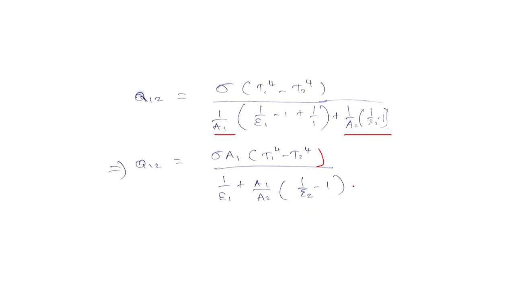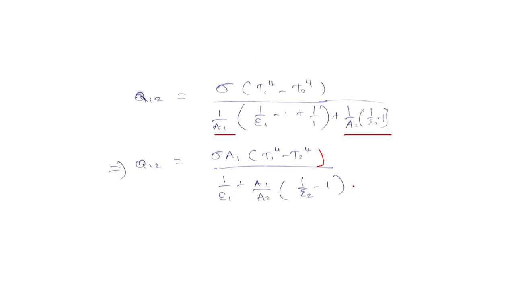So this equation we will use for heat exchange between two concentric infinitely long gray cylinders, and we already discussed the equation for heat transfer in an infinite plane wall.